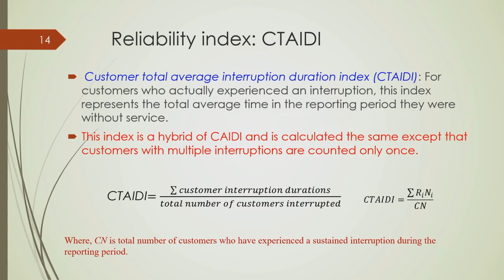Now, the next index is CTAIDI. It is also some sort of interruption duration index like SAIDI and CAIDI, but it has some difference. For each type of reliability index there is a difference, and one has to notice that difference so that you can understand one type of reliability index from the other.